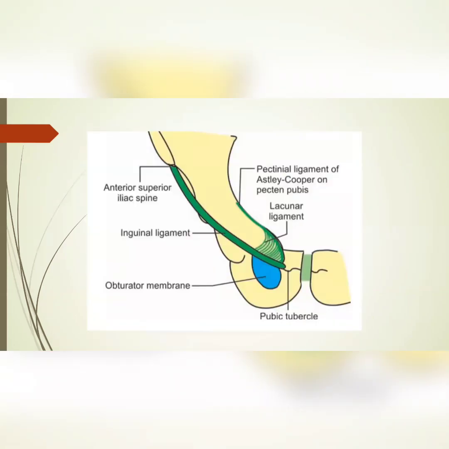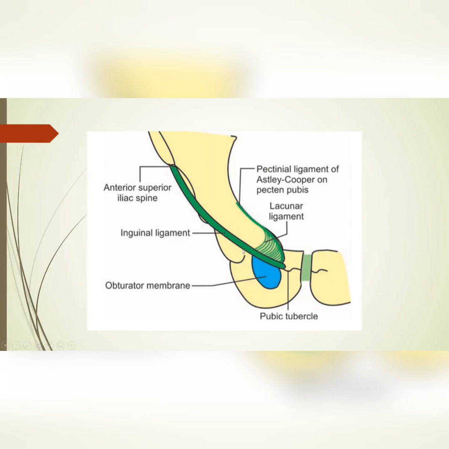Now, the external oblique aponeurosis has certain modifications within the body that are of great importance for you. One of the modifications of external oblique aponeurosis is the inguinal ligament. So can you tell me what are the attachments of the inguinal ligament? It is shown in this diagram.